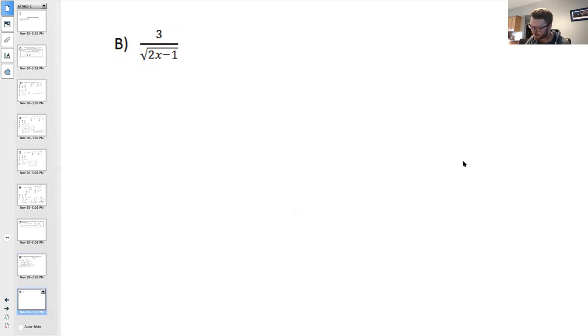Okay, so let's rewrite this so it's a little bit more friendly for us. So anytime there's a square root, it's to the exponent 1 over 2. So 3 over 2x minus 1, exponent 1 over 2. And we can rewrite this as 3 times 2x minus 1 to the negative exponent 1 over 2.